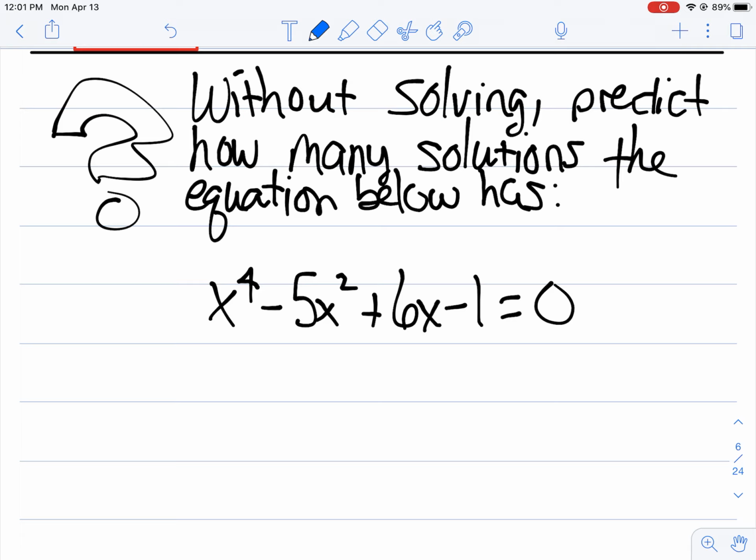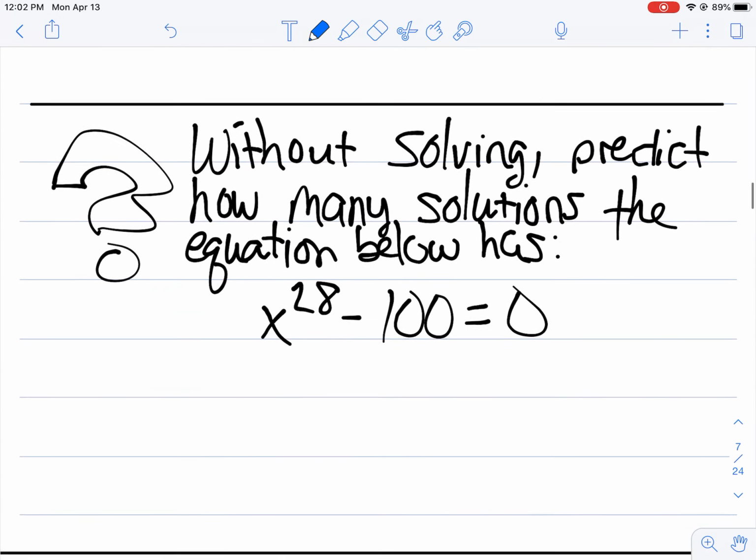Okay, so if you have your guess locked in, the degree of this polynomial on the left side is 4. Since the right side is equal to 0, that's going to be the expression. So without even solving it, I know that I'm going to have 4 solutions. Okay? You try this one.